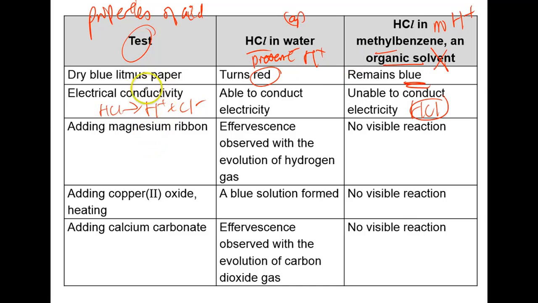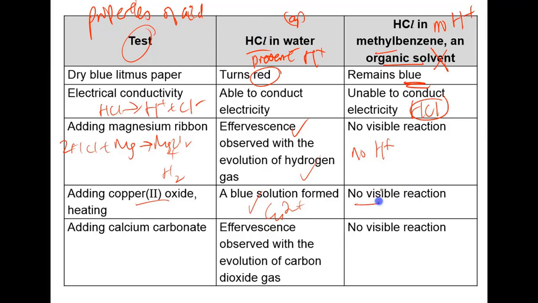I add magnesium ribbon. I have my HCl reacting with Mg to give me my salt plus hydrogen gas. So I get effervescence and I have hydrogen gas. No visible reaction over here because there's no H+ again. This is my base. Adding a base can react with HCl, so this is an acid-base reaction. I can get a blue solution of Cu2+ ions.